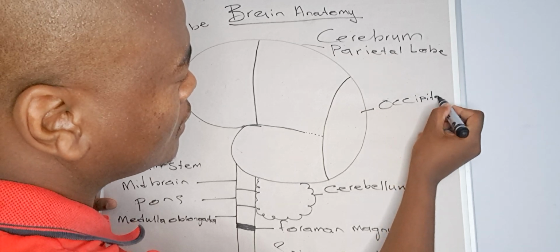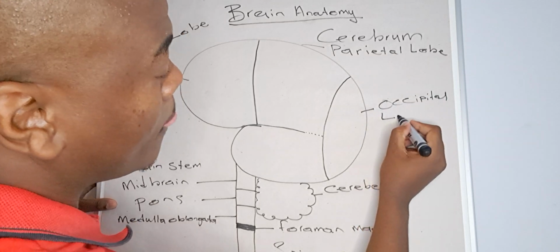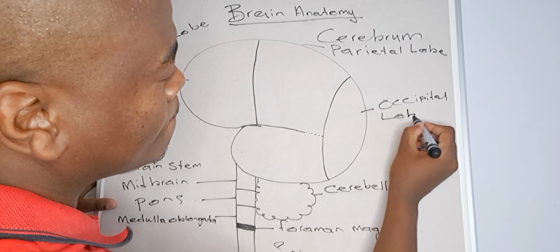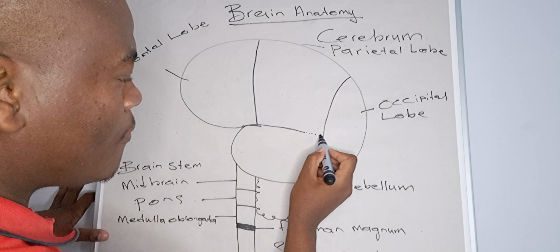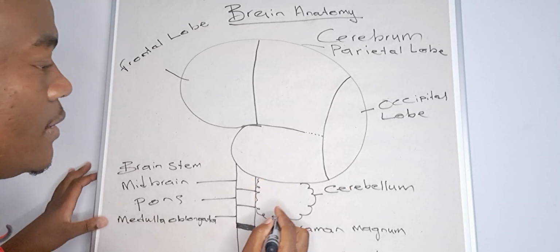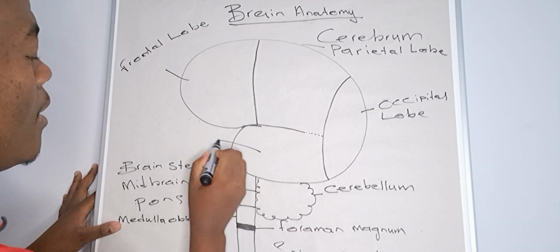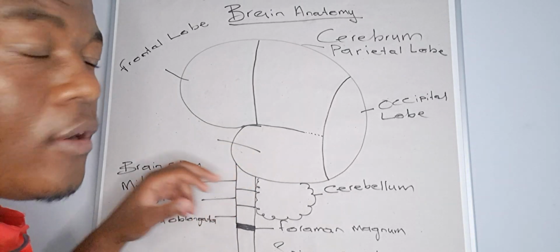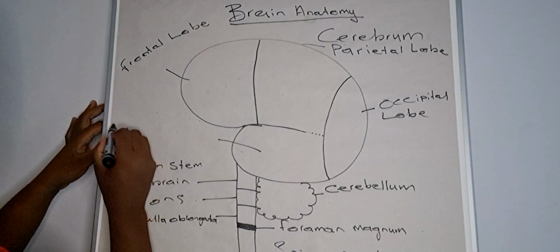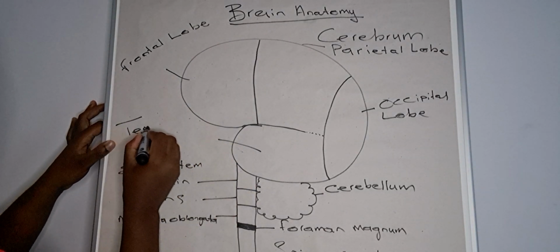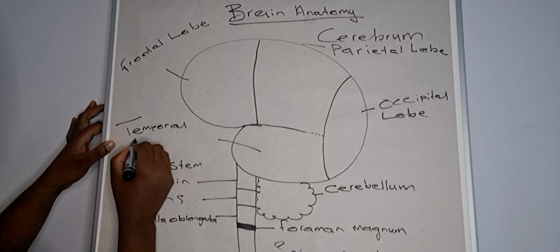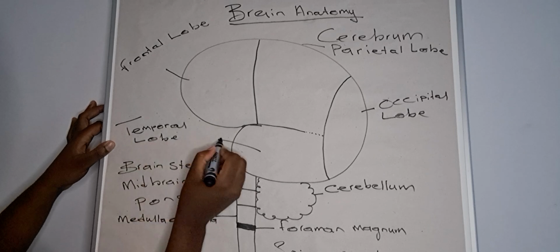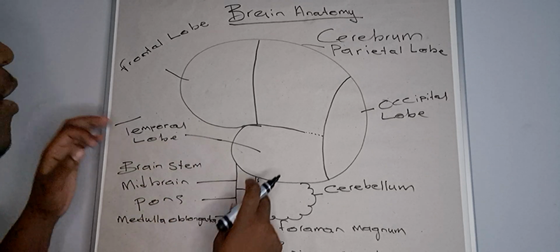What is the name of this one just above your ears? This is our temporal lobe.